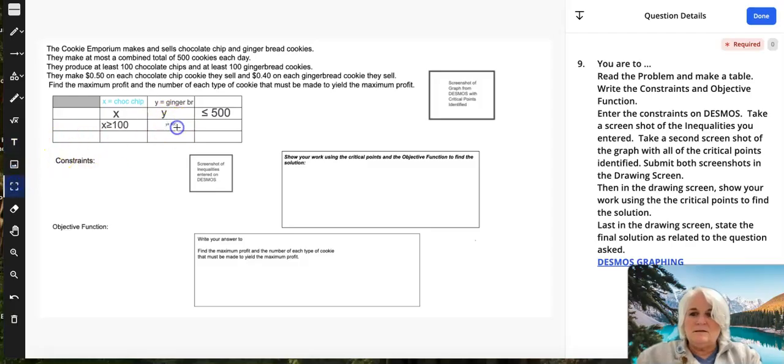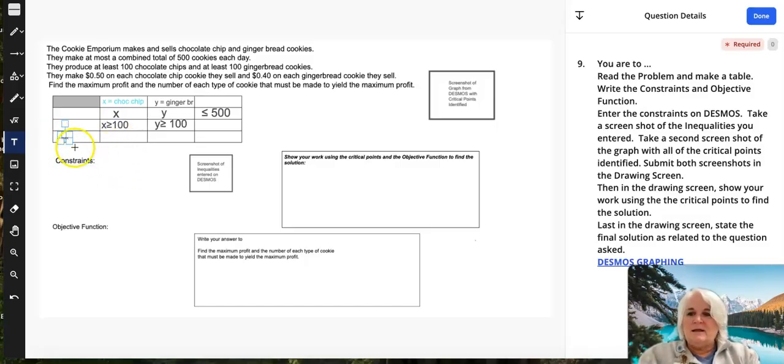Click on that. There we go. Okay. So they make 50 cents on each chocolate chip cookie, and I want to maximize profit. So I'm going to write max in here so that I realize that.